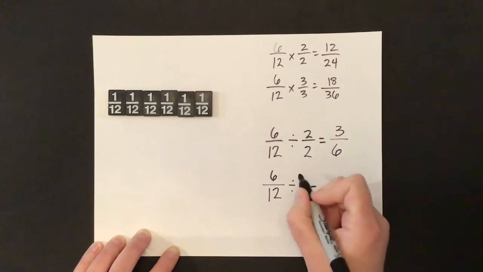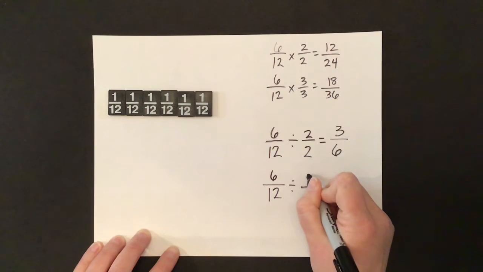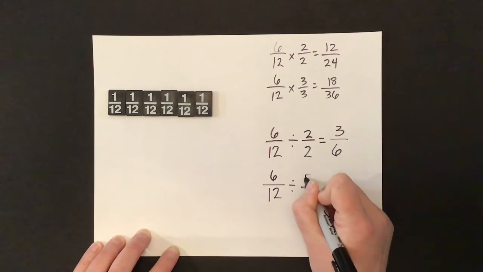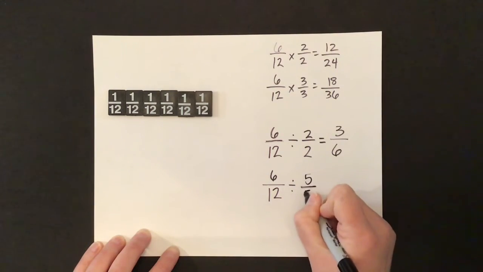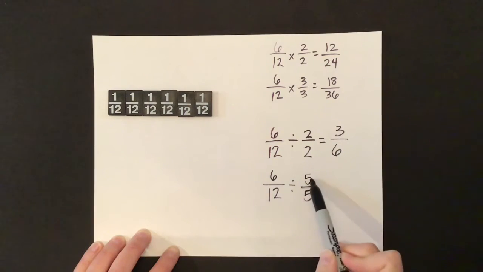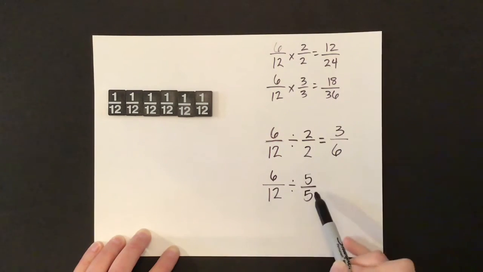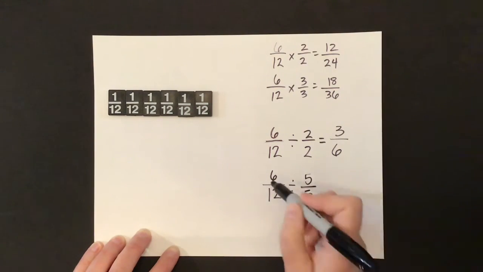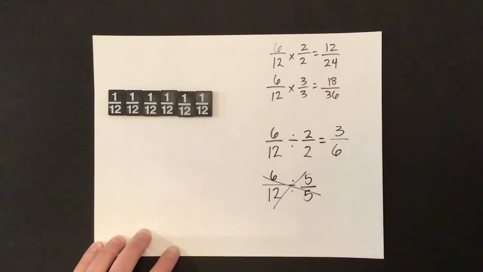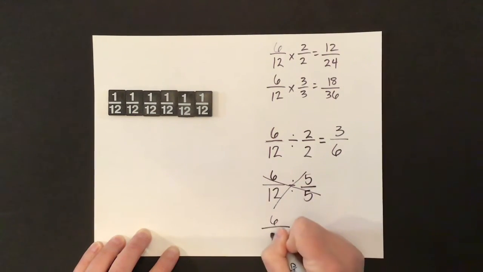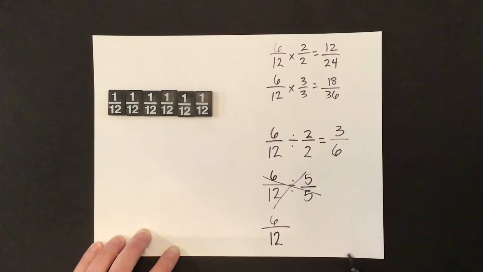So for example, I wouldn't be able to just randomly pick a number like 5/5, because 6 will not divide by 5 and 12 will not divide by 5. So that won't work. So we have to think about our factors. We have to think about numbers that 6 can be divided by and 12 can be divided by.